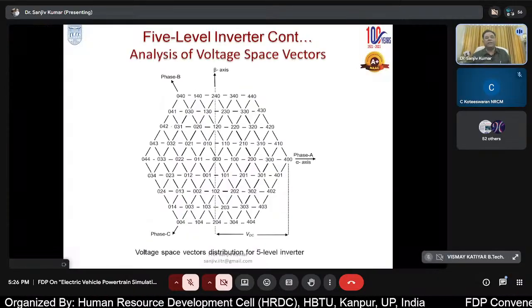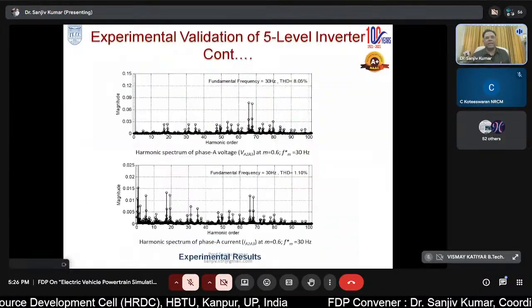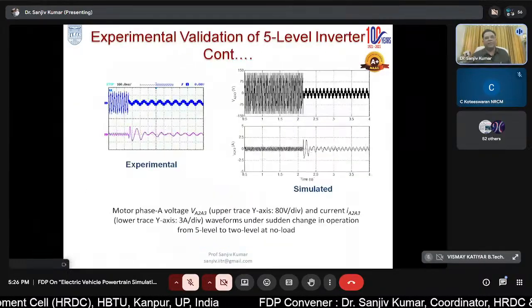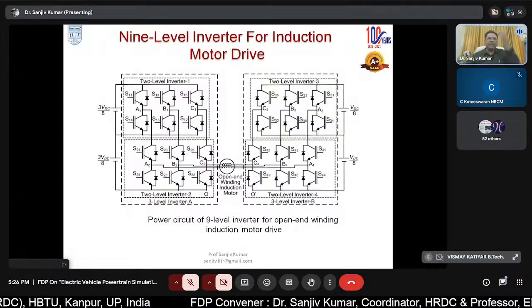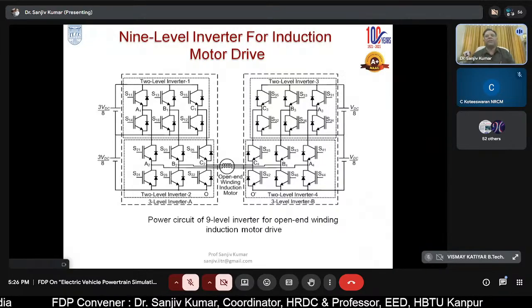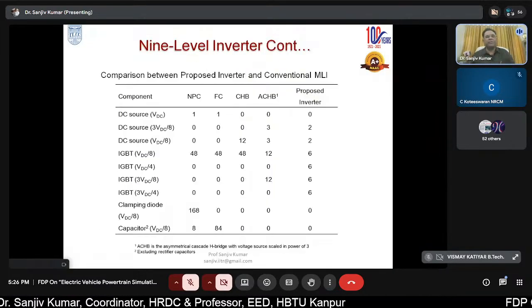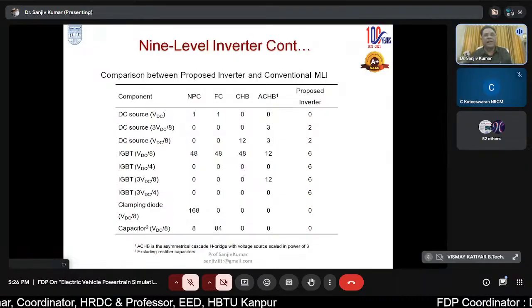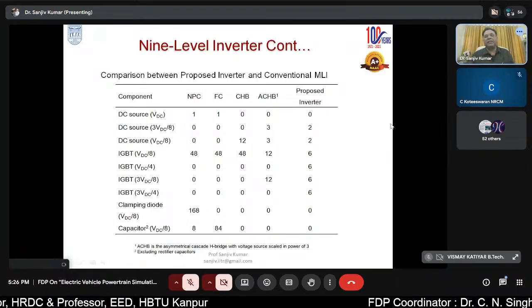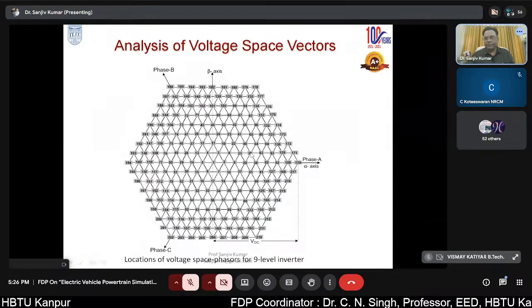Now I just show the various configurations because only a few minutes are left. This is the 9-level inversion operation. The same topology is extended to give 9-level inversion operation, and we get all the switching patterns, and see how drastically the switches are reduced. Just see.